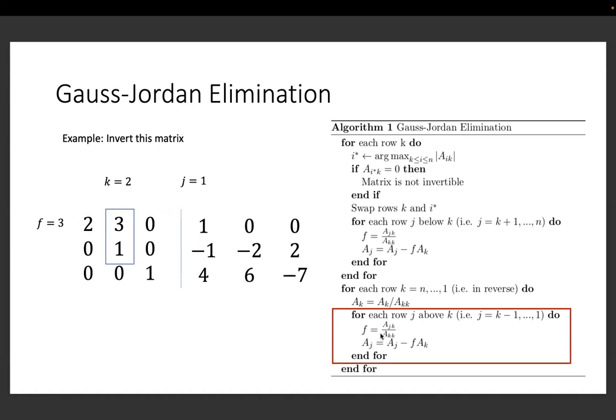And then the scale factor can be 3 because we have 3 here, and then we divide it by akk, which is a22, and then the scale factor is 3. And then we replace the first row, which is aj, by aj minus 3 a2.